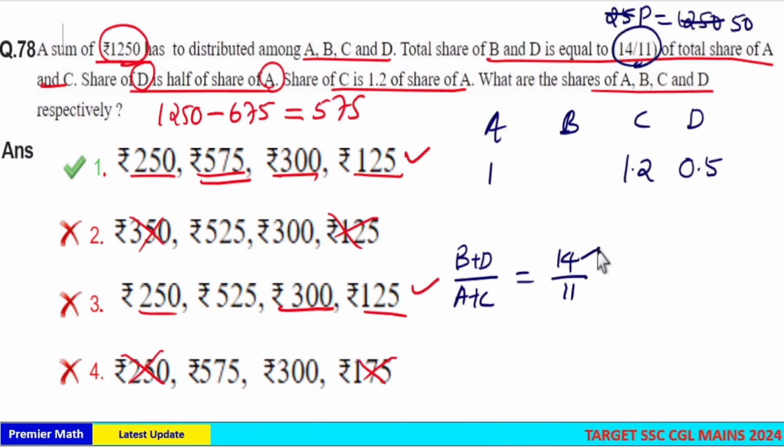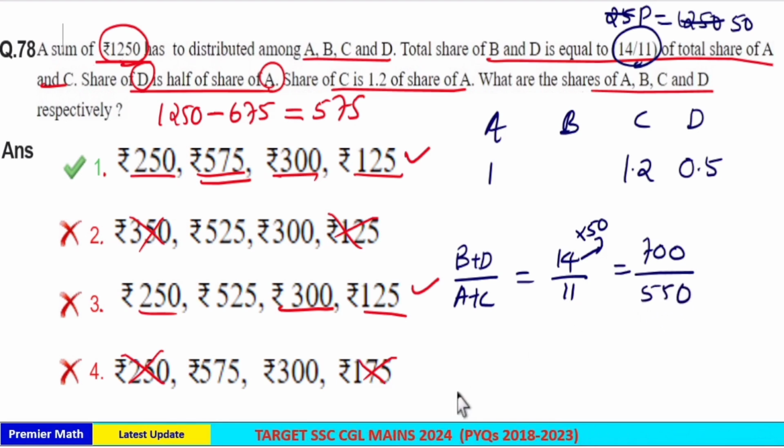If 1 part is 50, then 14 parts is equal to 14 into 50, which is 700. And 11 parts is equal to 11 into 50, 550. Now here B plus D is equal to B plus 0.5 and A plus C is equal to 2.2.